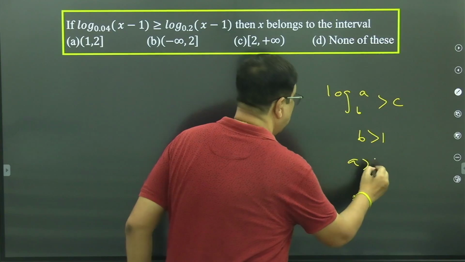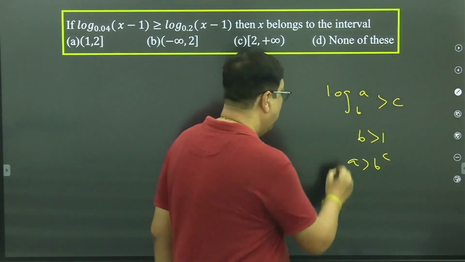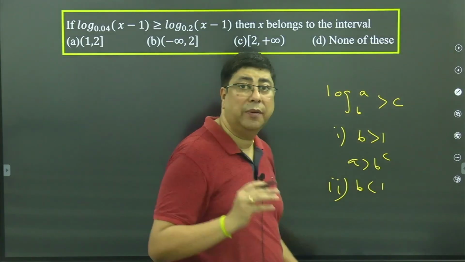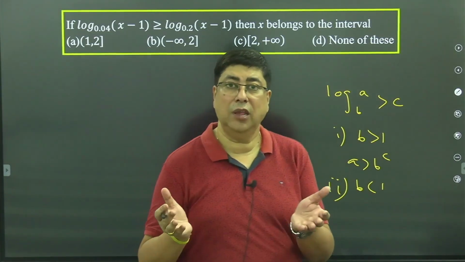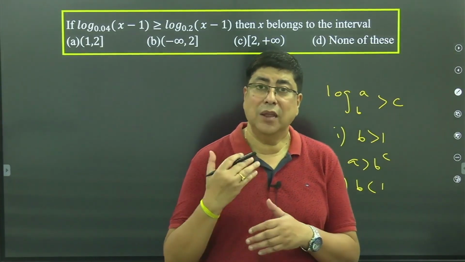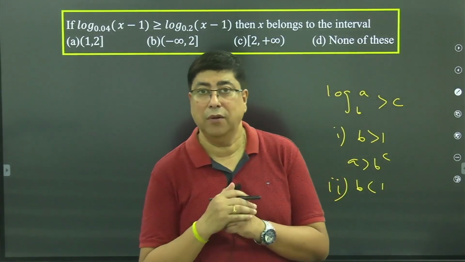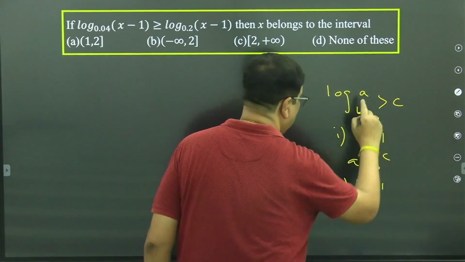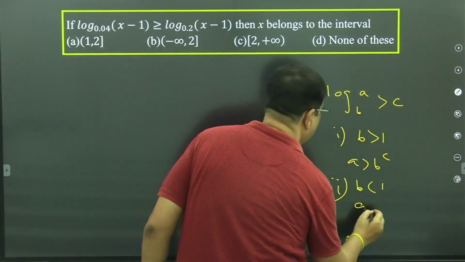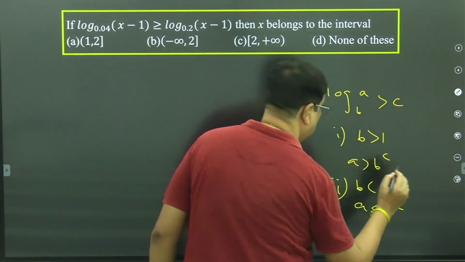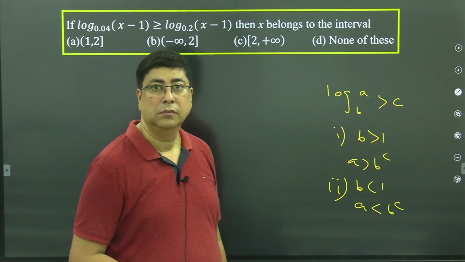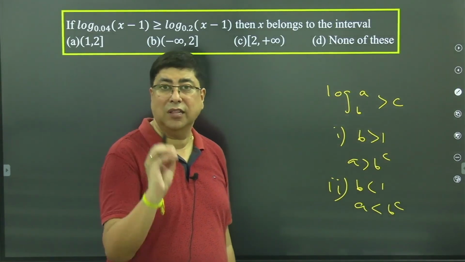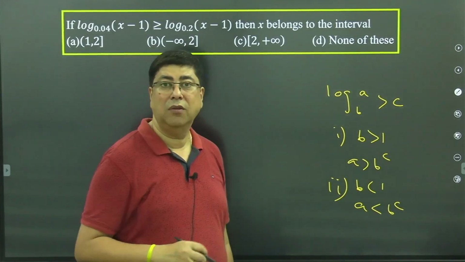So a greater than b to the power c. But everybody, if b is less than 1, it's about b lying between 0 and 1. Obviously, it cannot be 0. So when b lies between 0 and 1, this will change. So this will be a less than b to the power c. This means if the base is lesser than 1, then the inequality sign will be changed.